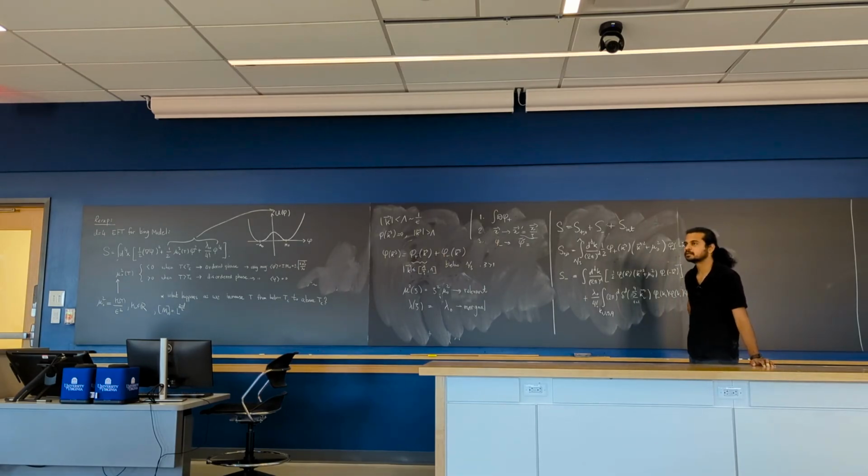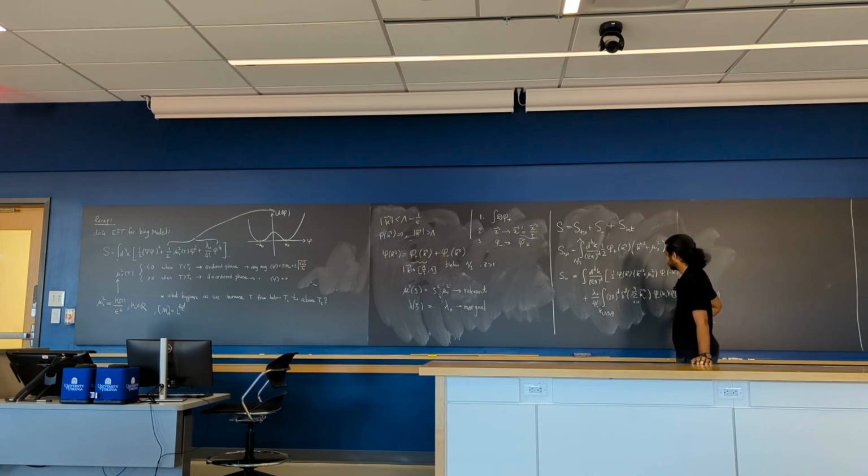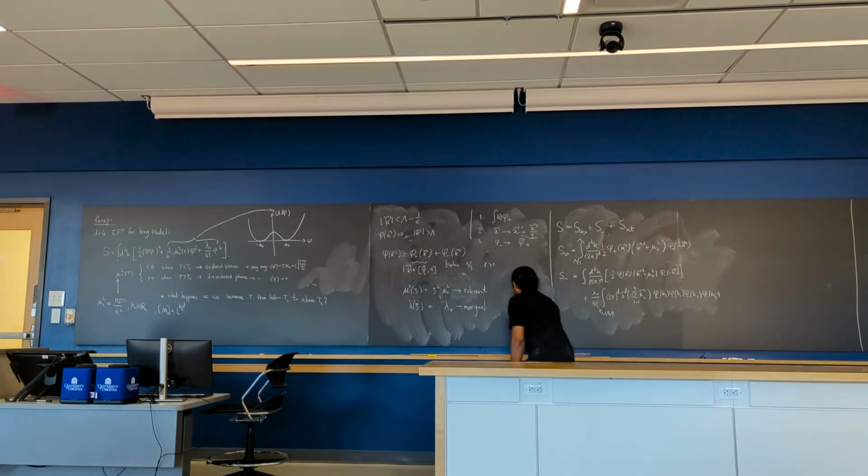Delta what? Delta d of this summation of momentum. When you integrate that, you get a factor of 2 pi to the power d. This factor, is that what you're asking about? Oh yeah. So it's just this.